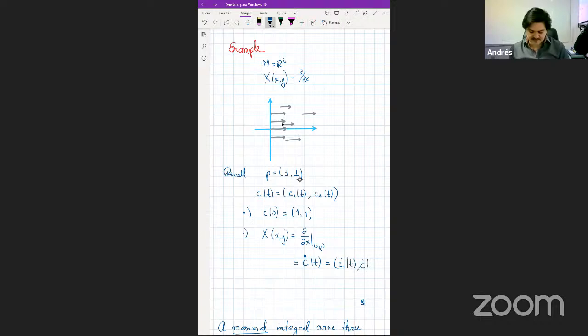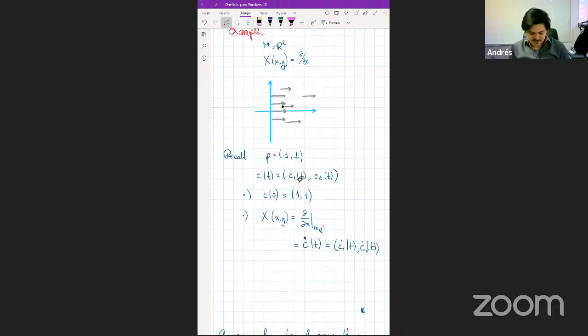So for example, here, it would be (t plus 1, 1). Right, exactly. So the solution is going to be (t plus 1, 1), because here you get this system of ordinary differential equations.